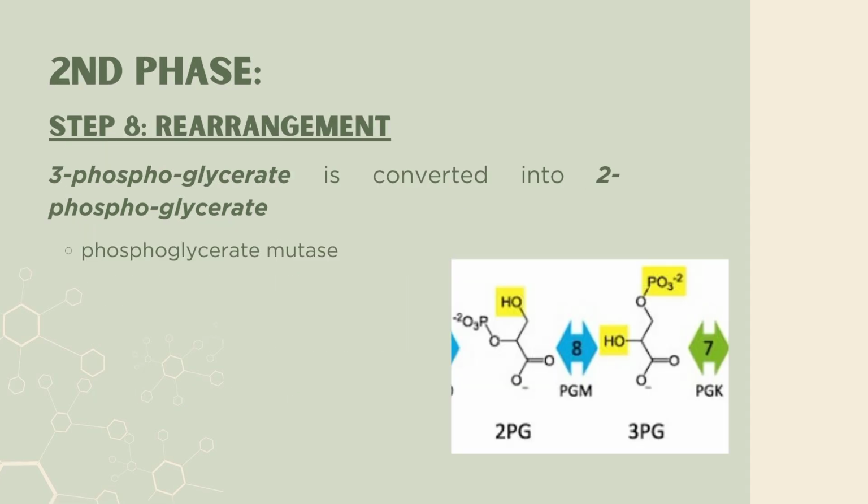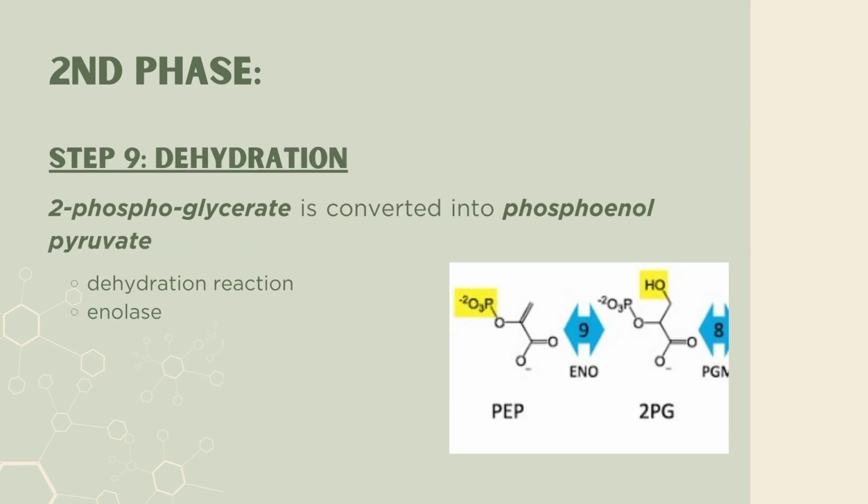In step 8, as we have 3-phosphoglycerate from the previous step, our product is then 2-phosphoglycerate as the phosphate group has been shifted from position 3 to position 2 by the enzyme phosphoglycerate mutase, a type of isomerase enzyme that moves a functional group from one position to another. In step 9, in this reaction, we lose a hydrogen and a hydroxyl group.